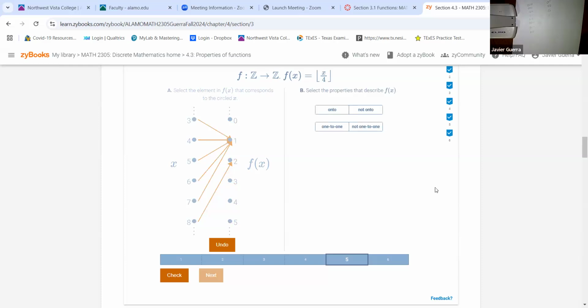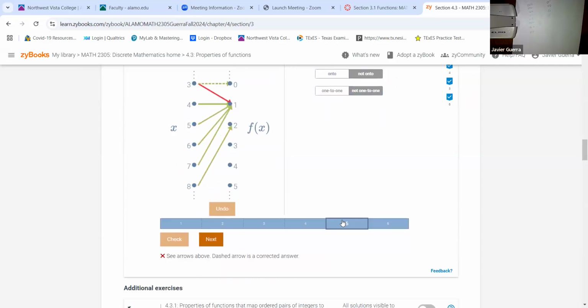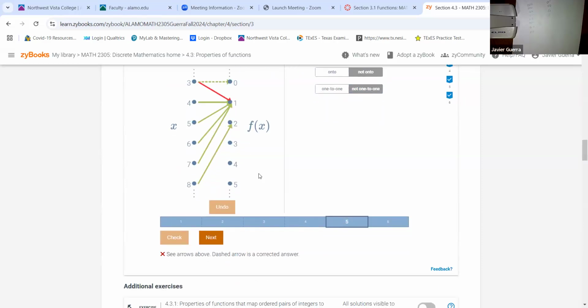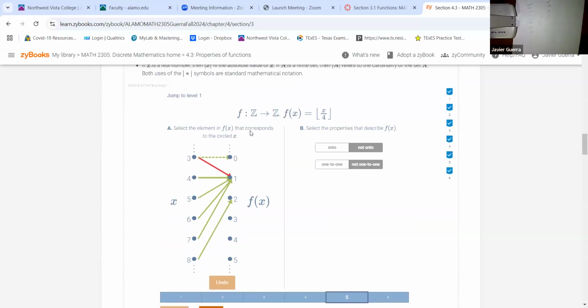All right, so by the looks of this, it is not 1 to 1 and it is not on to because I don't think I have these numbers being used. Uh-oh, what did I do? Oh, jeez. Why did I put 0? It should have been 0.